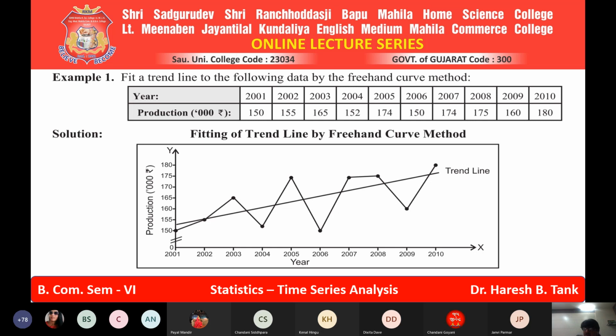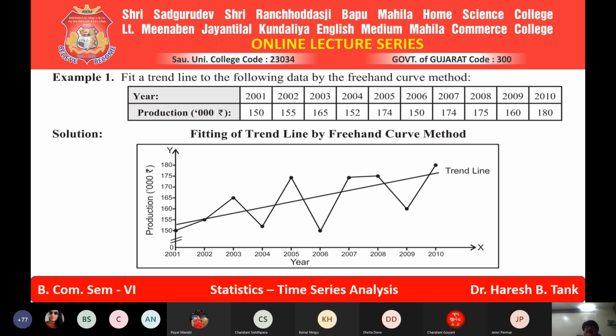Ultimately, your result, your prediction may not get altered, but at the same time, if your data is such that the consistent trend and a downward trend line are very near, then your prediction may fail.